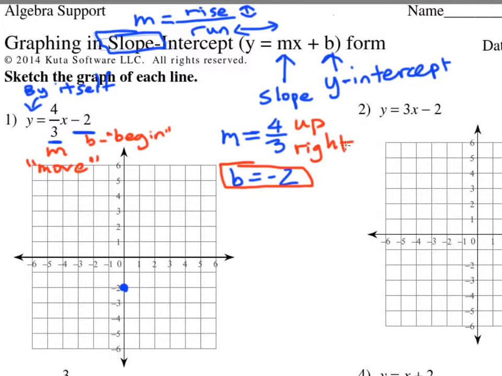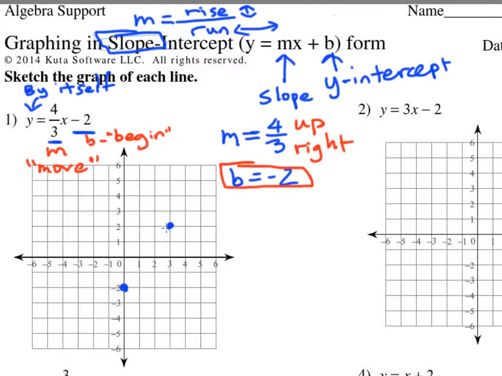So we go up and to the right. We start not from the origin but from down here, and we go up 4, right 3. Let's count it together: 1, 2, 3, 4, and then right 3: 1, 2, 3. Put your dot right there.